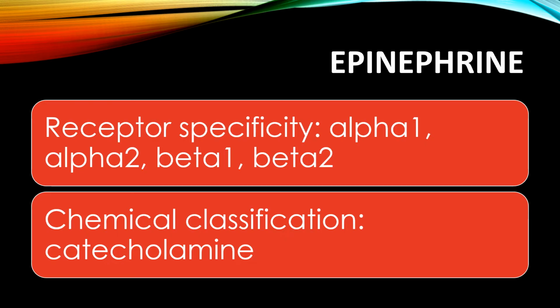Now, epinephrine's receptor specificity is alpha-1, alpha-2, and it can also activate beta-1 and beta-2. The chemical classification of epinephrine is catecholamine. It is among the first adrenergic agonists employed clinically and can be considered the prototype of the sympathomimetic drugs.